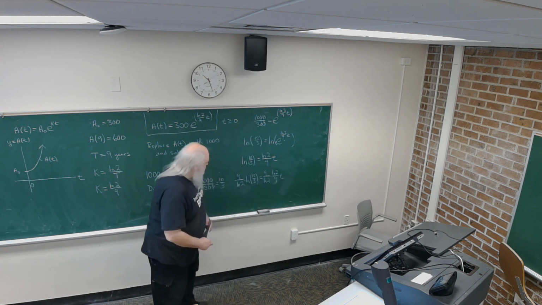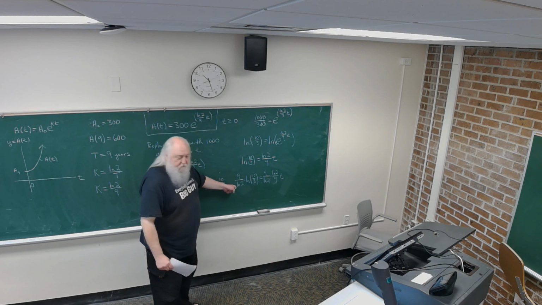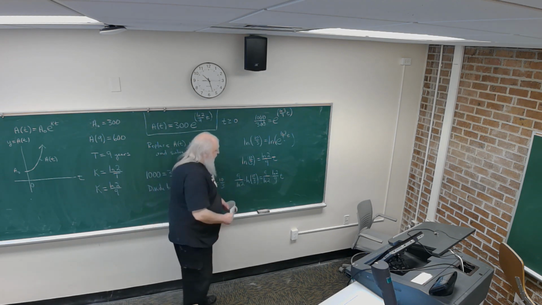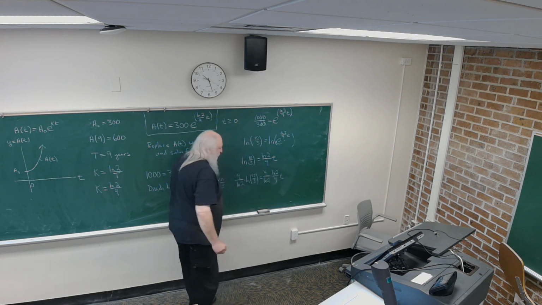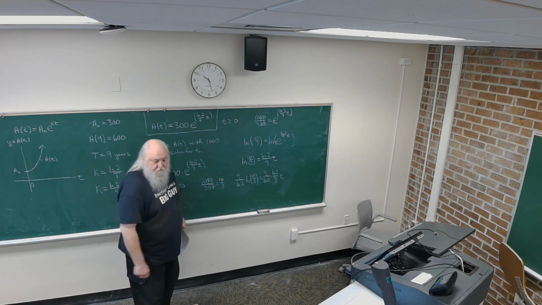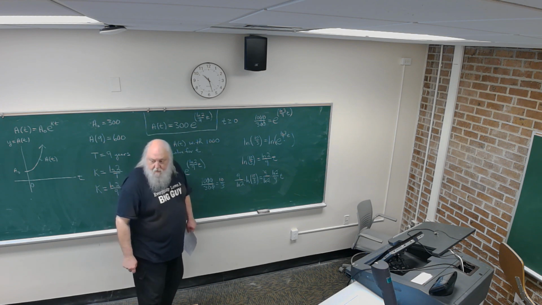Right? So you can see I just multiplied both sides by 9 over the natural log of 2. Okay. So the 9's cancel, and the natural log of 2's cancel, and I'm just left with t on the right-hand side.